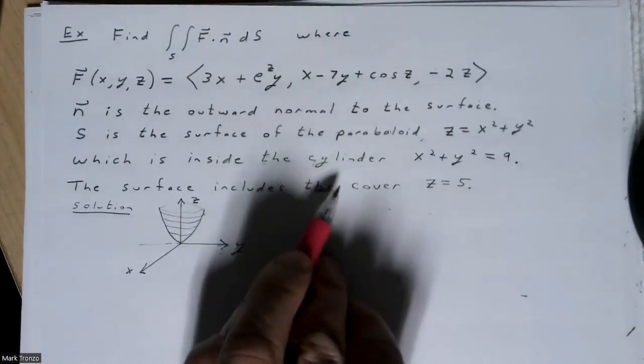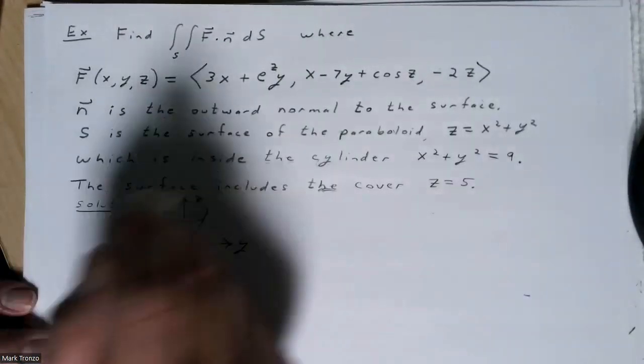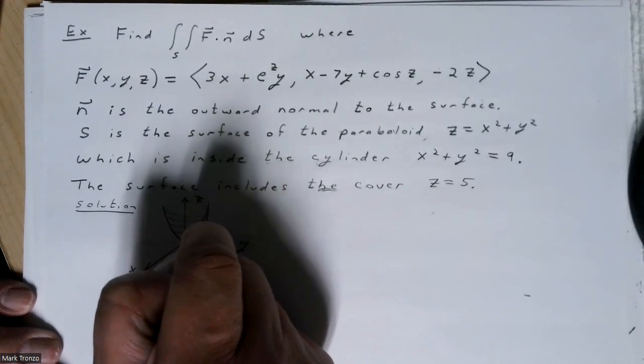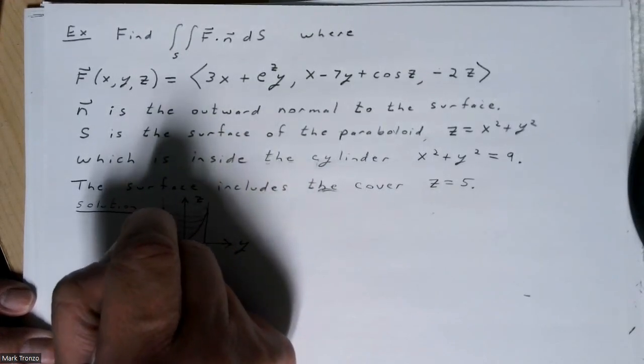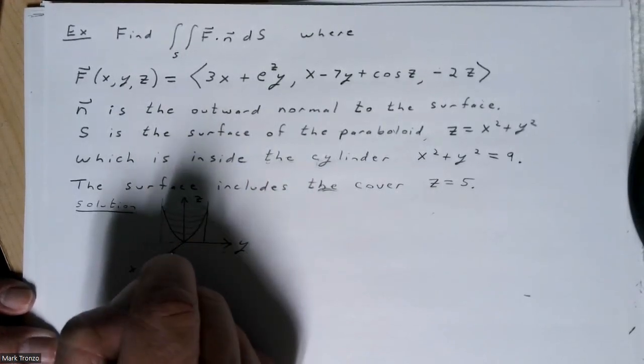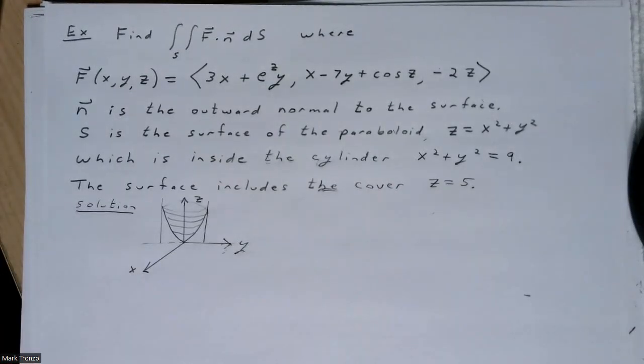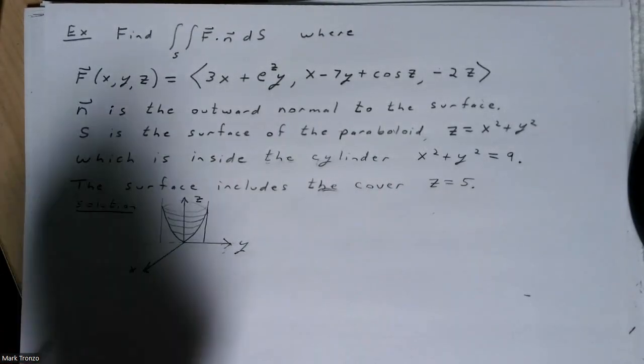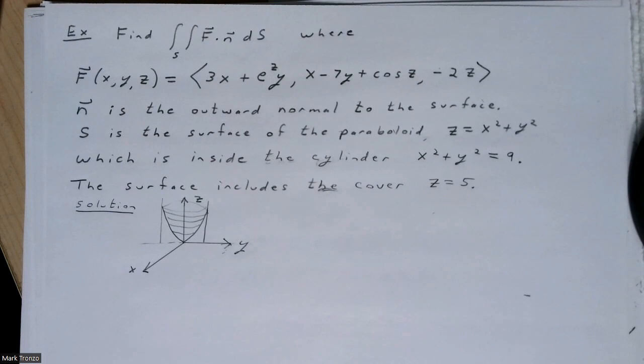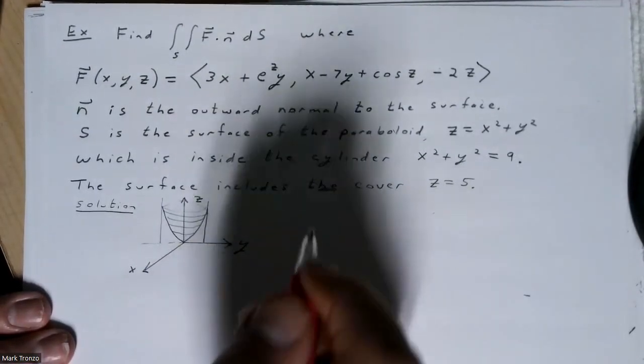But then it's inside of the cylinder, something like this. So again, I can look ahead. It looks like we're probably going to end up using polar / cylindrical coordinates.